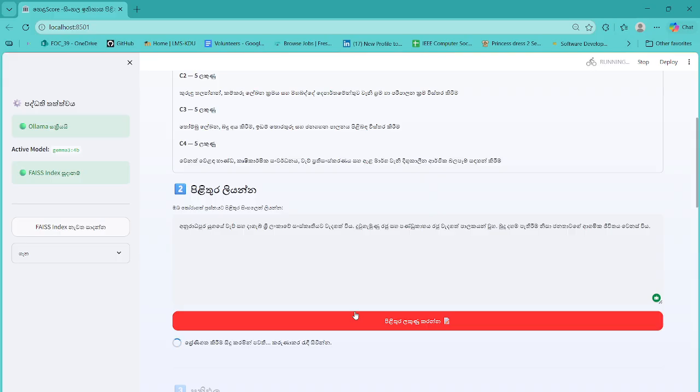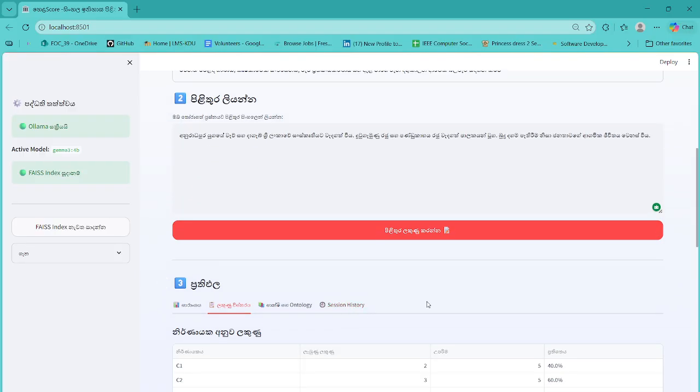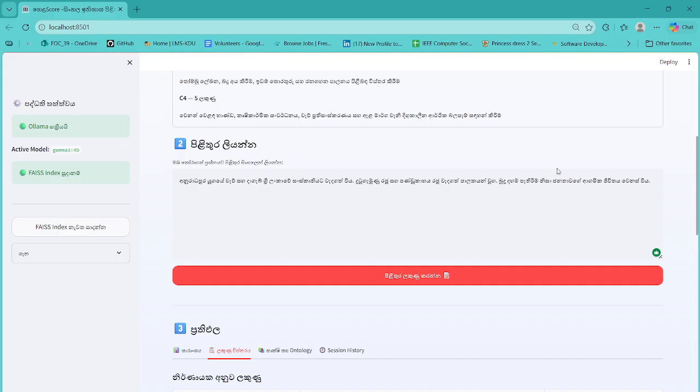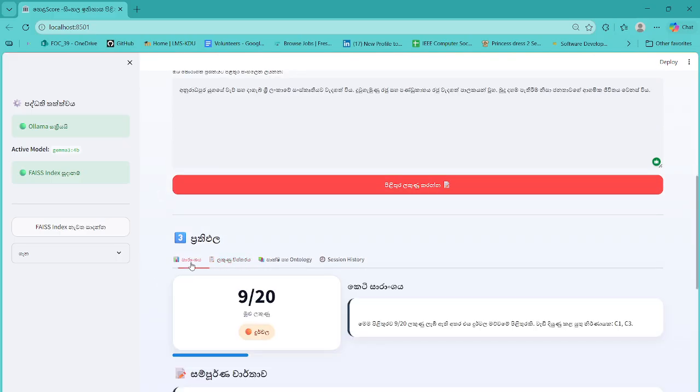So let's see how my system responds to such an answer, how it will mark an answer like this. Actually, this is an irrelevant answer. This answer is related to Sri Lanka's history, but it is related to the Anuradhapura period, not Dutch economic systems or anything.